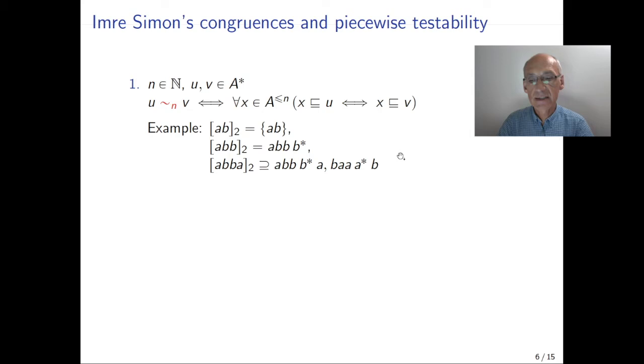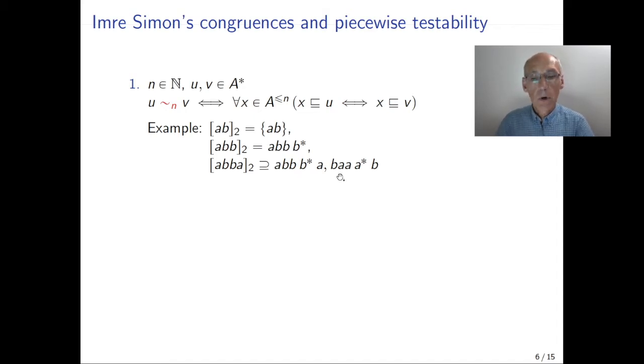And here's a last example. If you now append an A, so you consider the word A B squared A, then all the words where you can plug in behind the second B an arbitrary number of B's are equivalent to A B squared A, since as subwords of length 2, they have all the words of length up to 2.